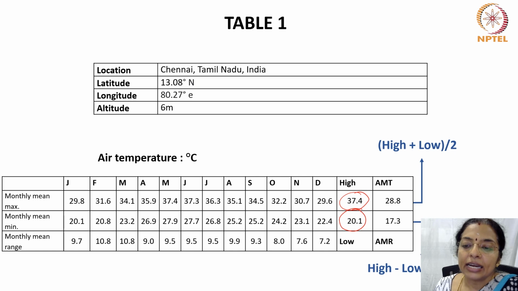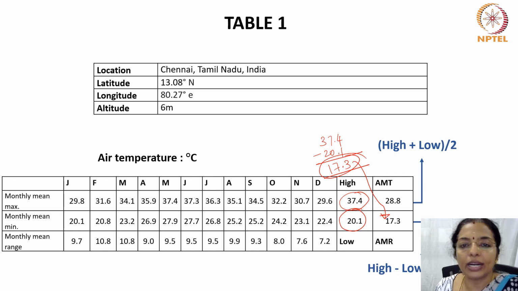And AMR is the difference between 37.4 minus 20.1, that is 17.3. That must be entered here. So we get our AMT and AMR. Hope you all are following with me.